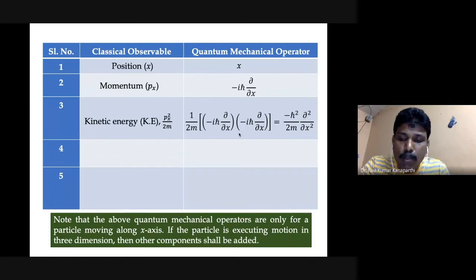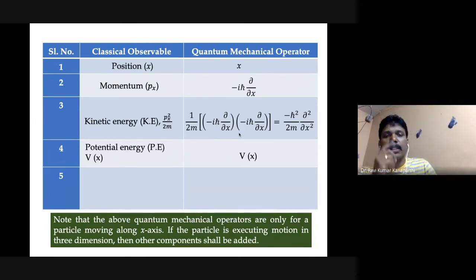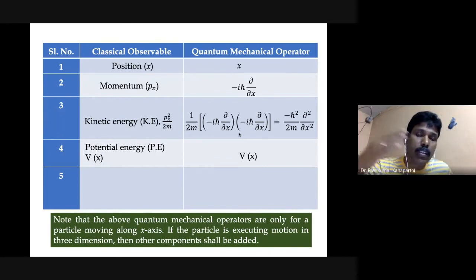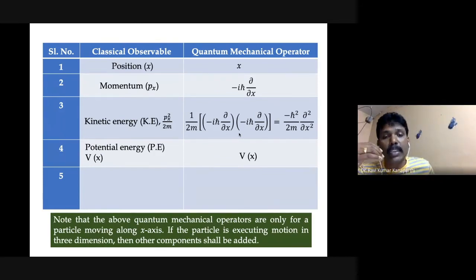Now let us continue our discussion and see what potential energy is. Potential energy in classical mechanics we just represent with V of x. Please remember, my discussion is only for one dimension, therefore I'm writing V of x. If it is a three-dimensional problem, then it will have V of y and V of z as well. So potential energy is basically V of x.